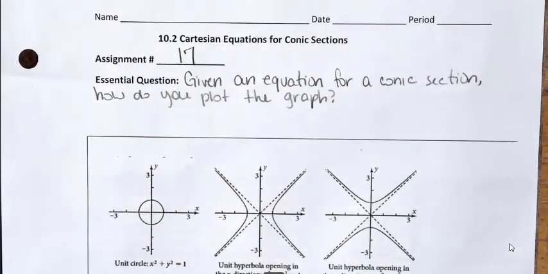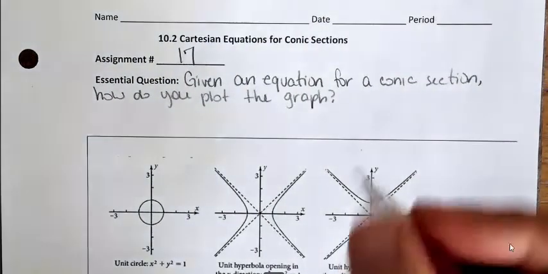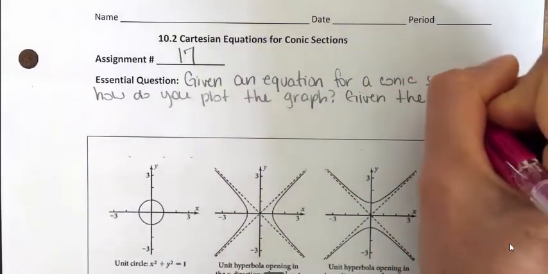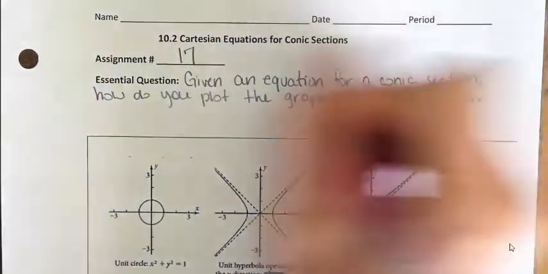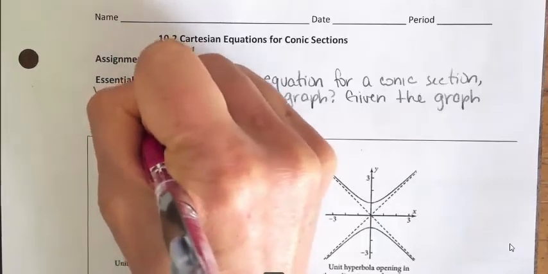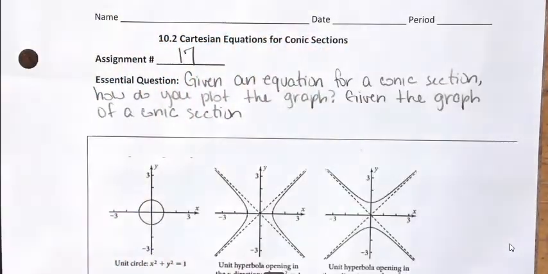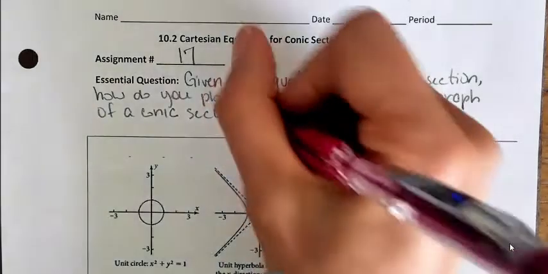And the converse of that, so given the graph of a conic section, how do you write the equation?